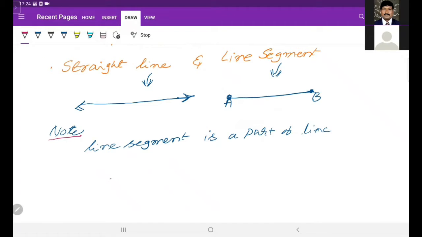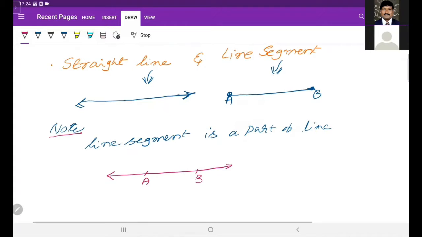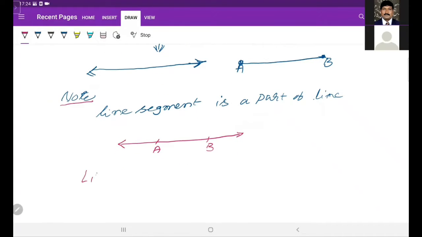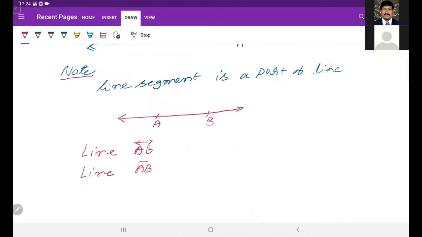So this is the line. Here it is A and it is B. Line it is now AB, it is going on. Line segment, it is a part of a line now, AB. That's all. Okay?